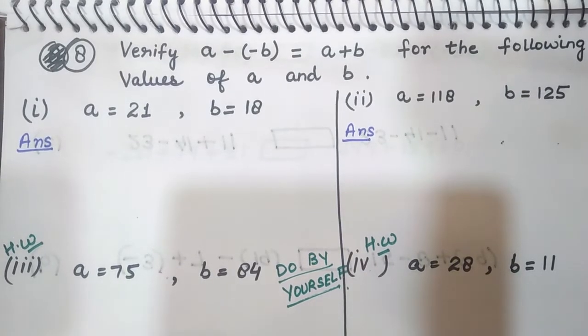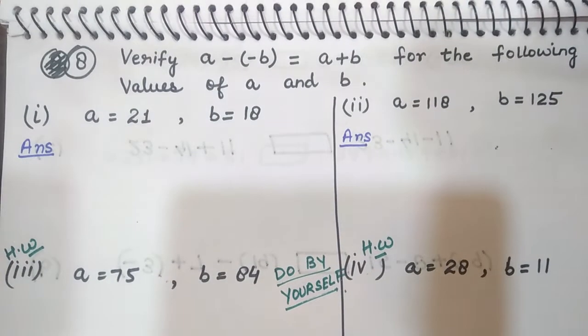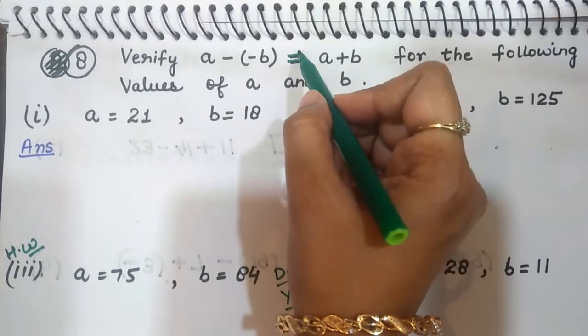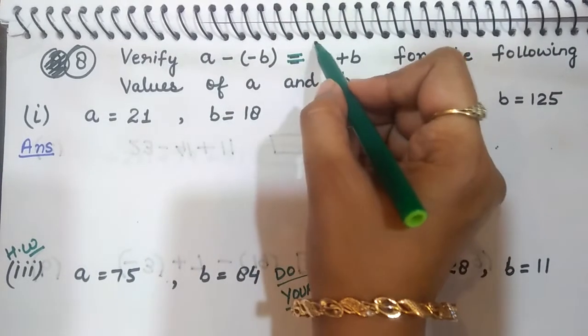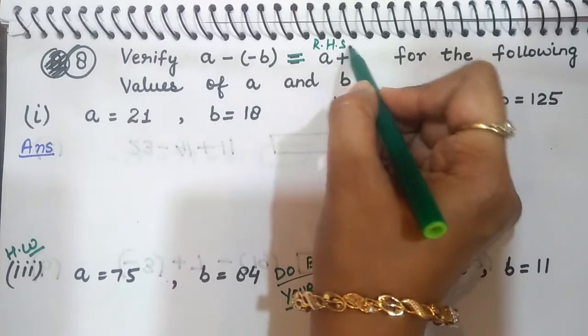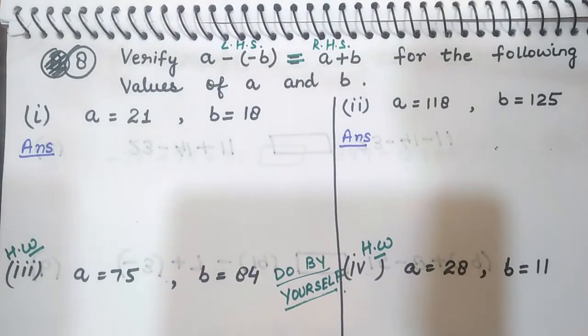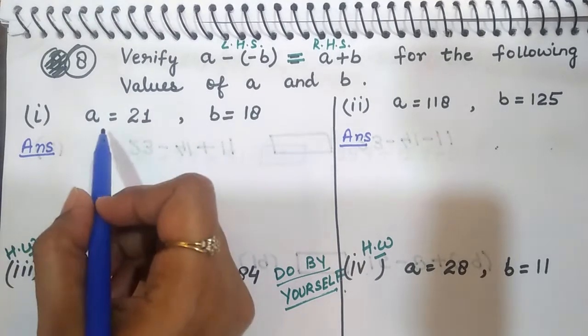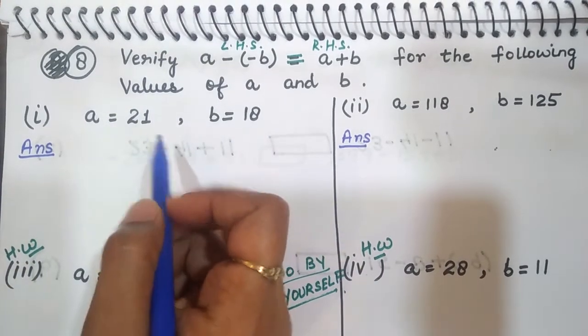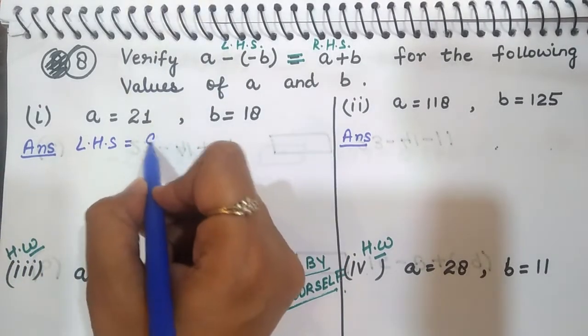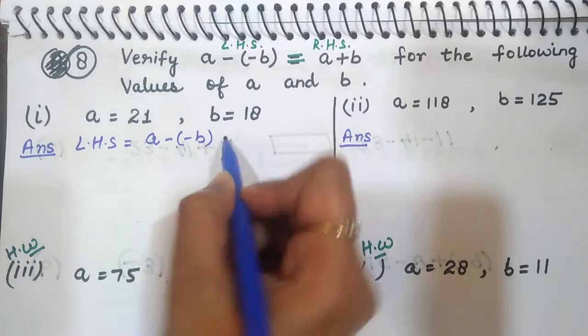So we need to verify this. A minus of minus b is a plus b. This is the equal to sign and to the right of it is called the right hand side and this is called the left hand side. So first we calculate for this. A is 21 and b is 18. First we calculate left hand side. We write a minus of minus b.